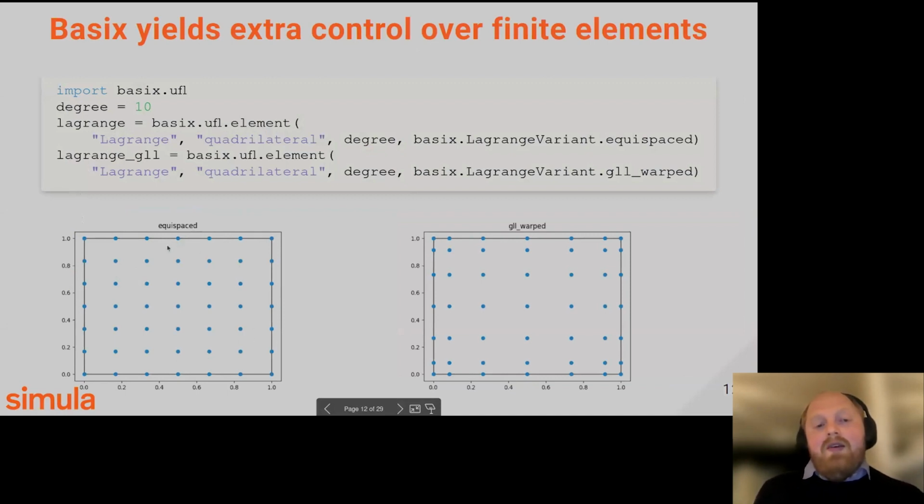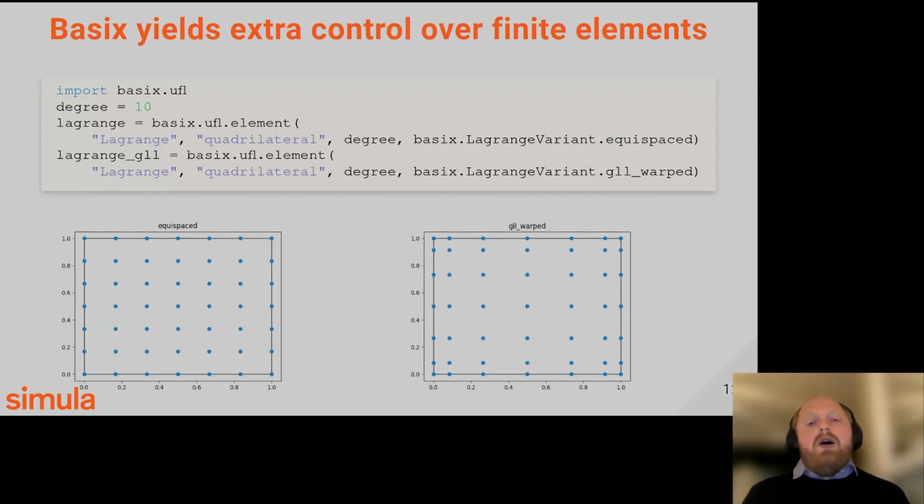And it's going to be one at the node it's associated with and 0 everywhere else. So by moving these nodes slightly, as we can see in this rightmost image, where we have more nodes closer to the corners, you would get slightly different polynomials. And these are two different variants of finite elements.